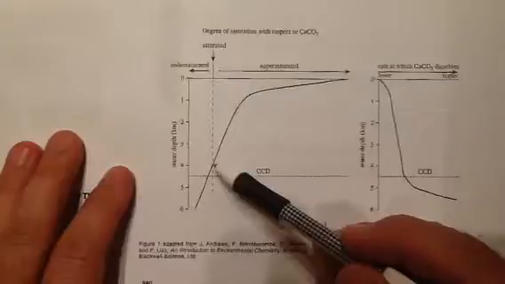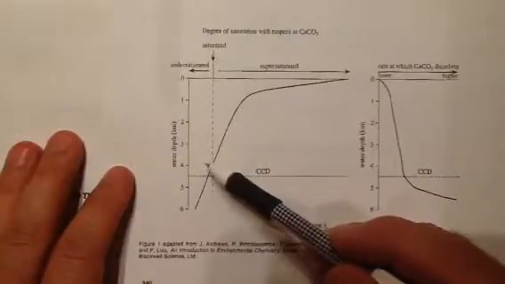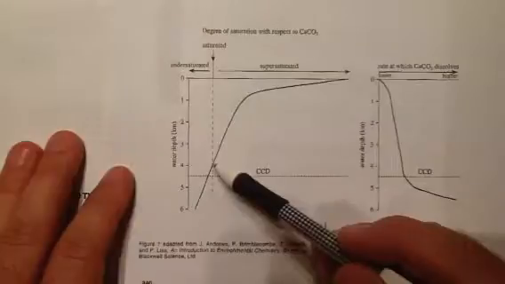So essentially you have a very fine point in which you transition from supersaturated to unsaturated. As soon as you go beyond that 4 kilometers, you become unsaturated.